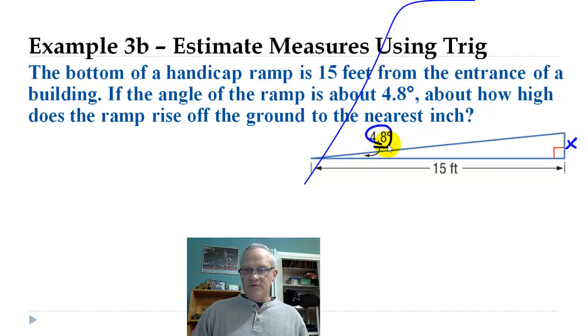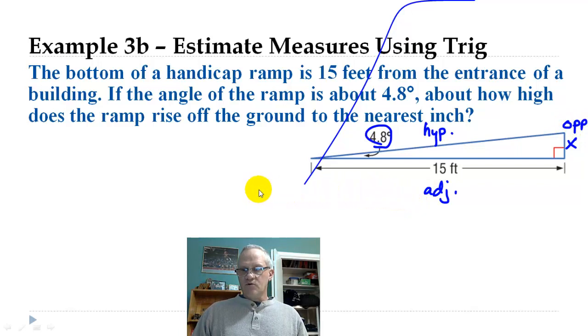It's based on this angle right here, which is 4.8. Let's figure out where everything is. The hypotenuse is always straight across from the 90, so this is the hypotenuse. From 4.8, this 15 is right next to it, so that's the adjacent. The x is the opposite.